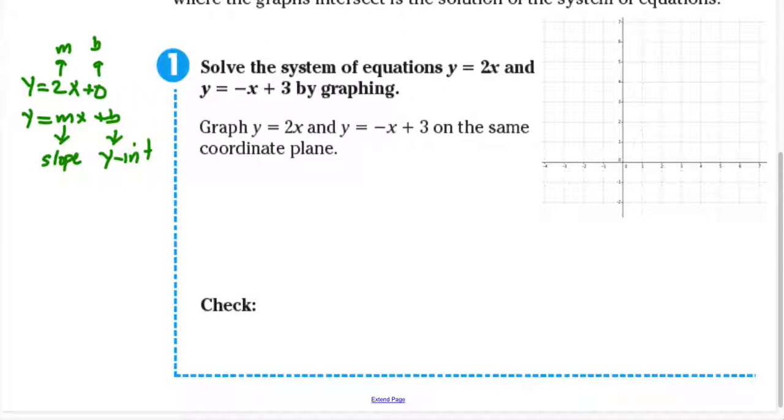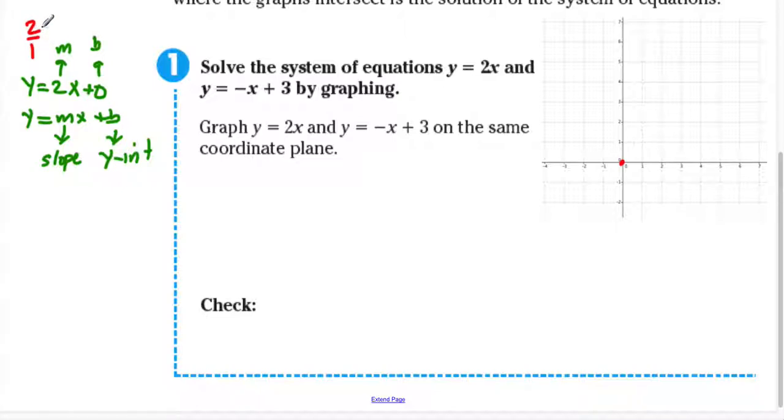So remember how we graph this. First thing we do is graph the y-intercept, which is 0, right here. Then after graphing 0, we use the slope to graph the other point. Since the slope is 2, it is the same as 2 over 1.